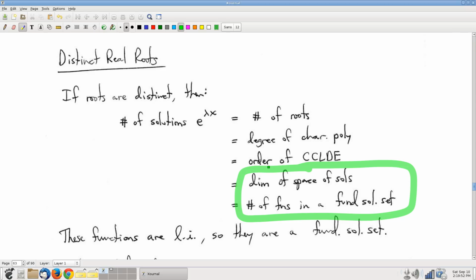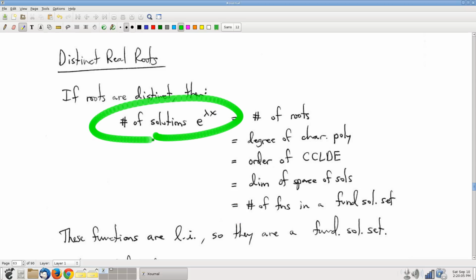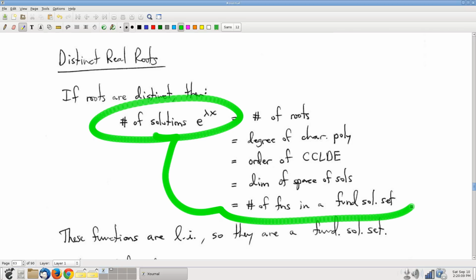That's what dimension is, the number of vectors in a basis. And the way we would say that in this context is the number of functions in a fundamental set of solutions. So, okay, all of these things are equal to each other, and so in fact what we have shown here is that the number of solutions we will find of this form is equal to the number of solutions that we need to find to form a fundamental set.